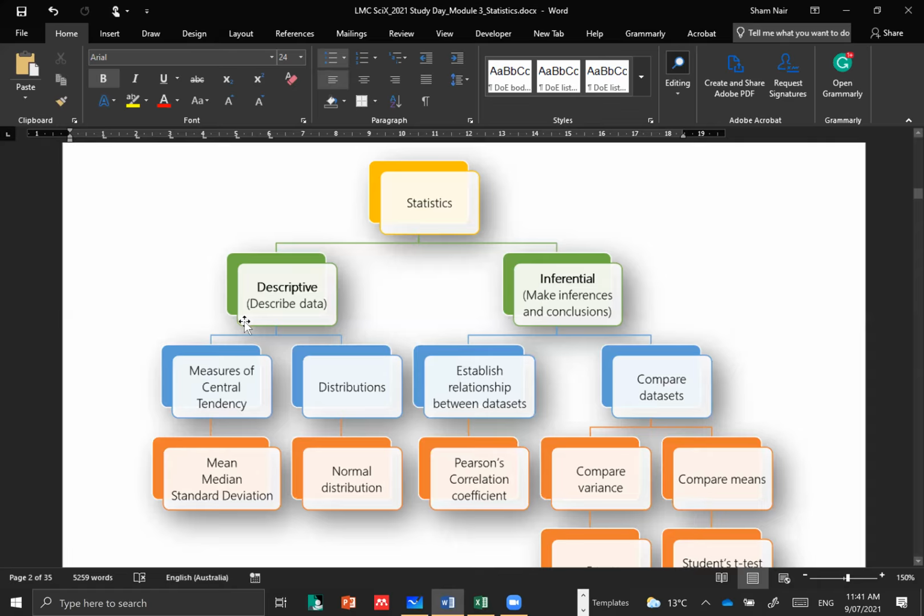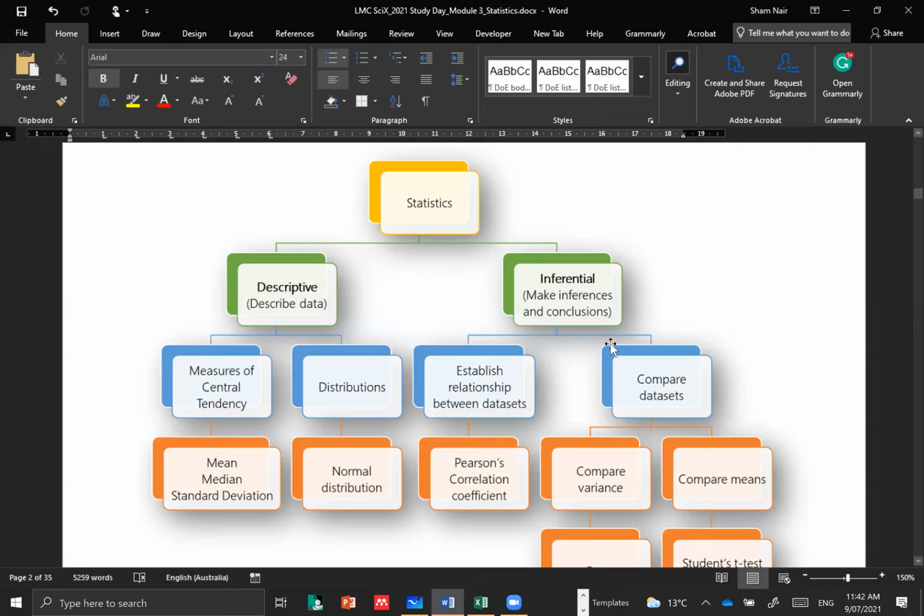So let's go back to descriptive data. We have two types, the ones most of us are familiar with, the measures of central tendency, so looking at things like means, medians, and so on. And then you have distributions, and you should know what the normal distribution is, and I'll come to that in just a tick. Okay, so all of this falls into the category of descriptive statistical tests. Then we have the inferential tests.